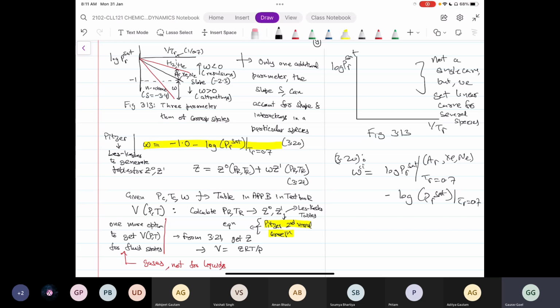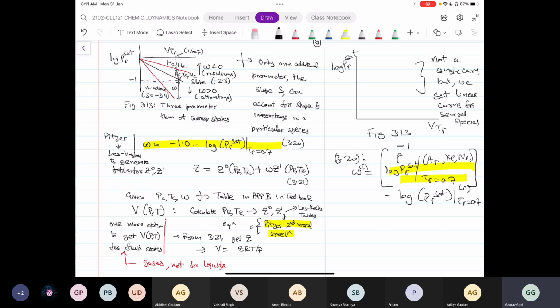So omega for an ith gas is defined according to equation 3.20. And the reason Tr equal to 0.7 was chosen is because the first term has an easily rememberable value of -1. So in equation 3.20, rather than writing logarithm of Pr sat for noble gases at Tr equal to 0.7, I have simply written -1.